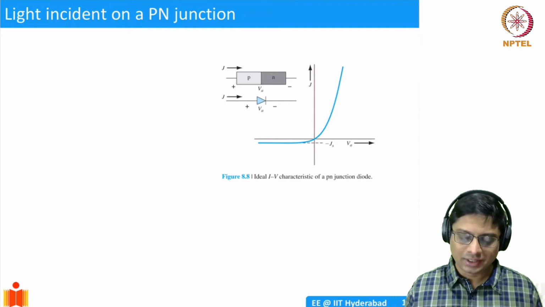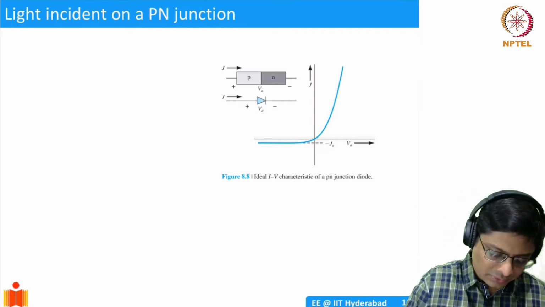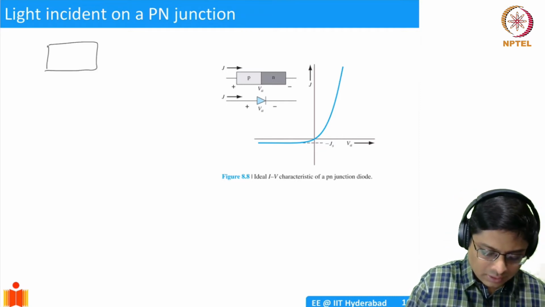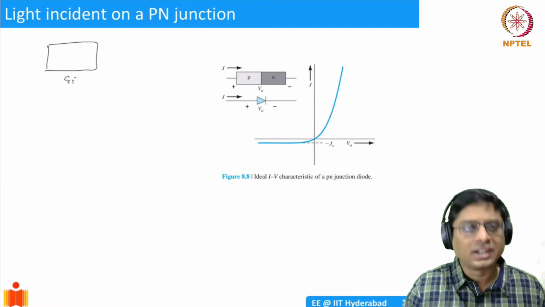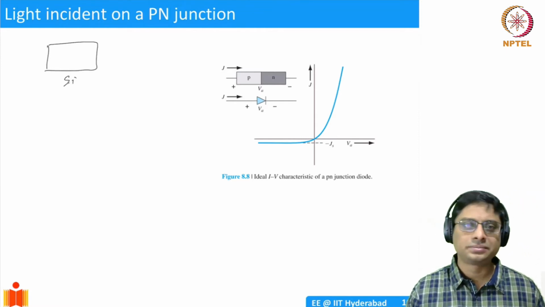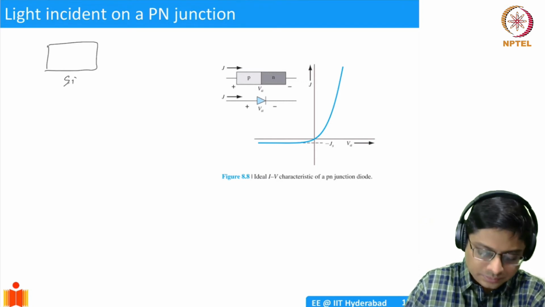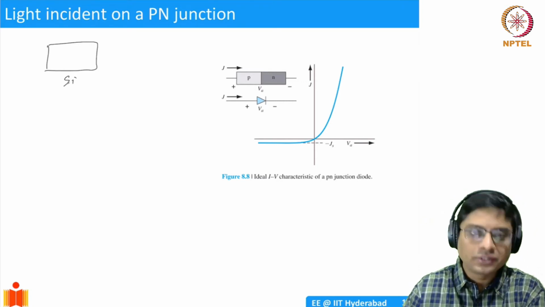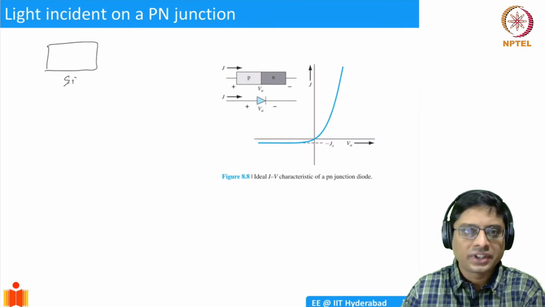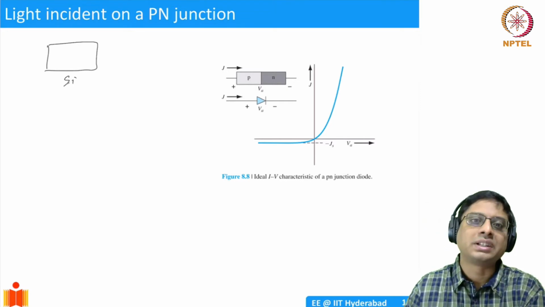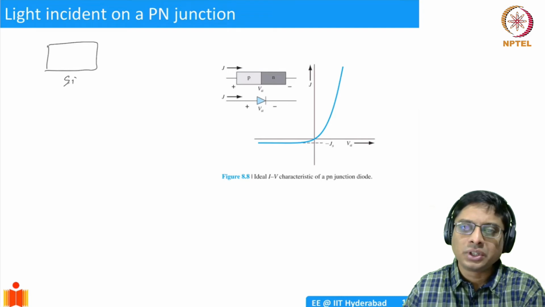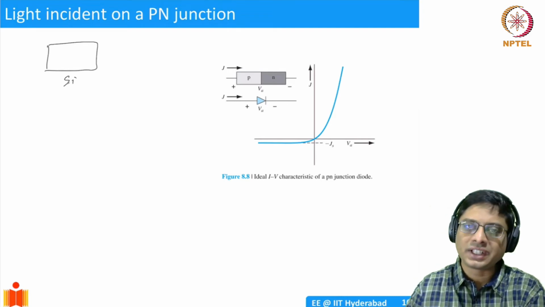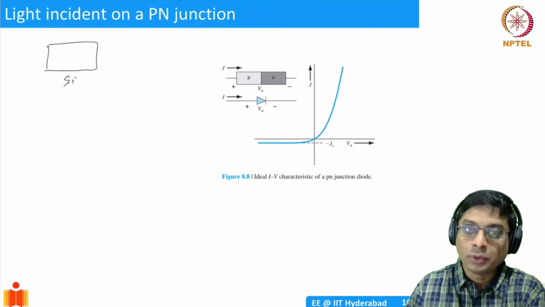Is there any current? Let's start with a simple piece of silicon. I shine light on it. Will it generate current? Well, it does not generate current. The reason is, if you shine photons, you're going to generate electron hole pairs, but they will recombine, right? You're only going to create a certain excess of minority carriers, but you're never going to cause them to move.